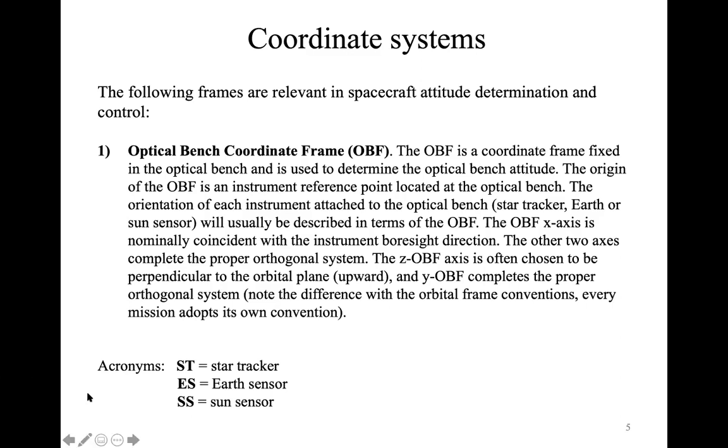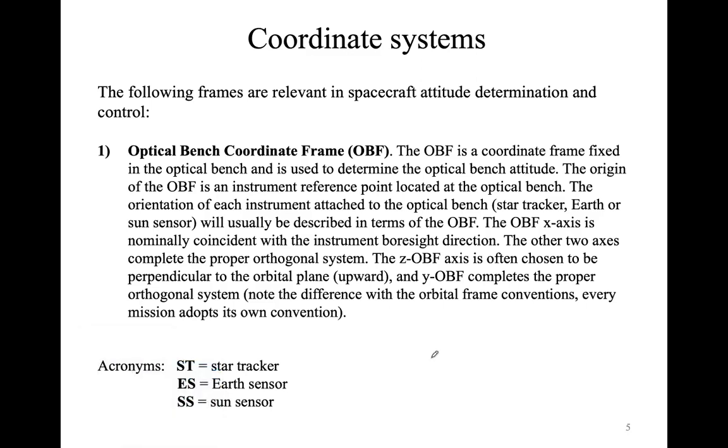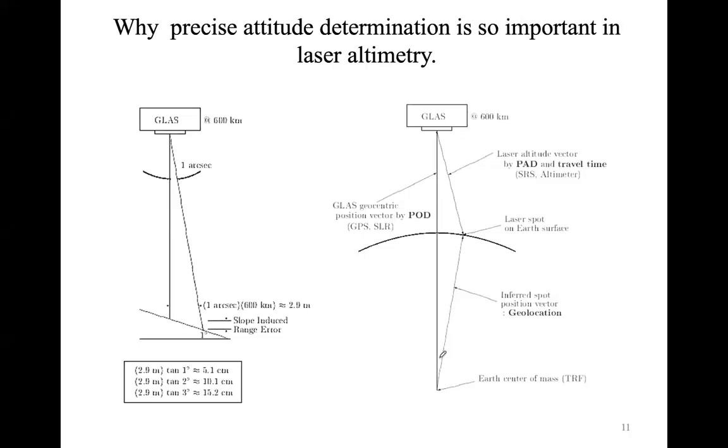So what I mean is that in terms of rotation matrix, let me write on this one. The rotation matrix between the OBF and the spacecraft body frame, so let's write BF, is known.